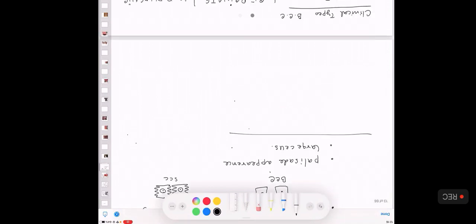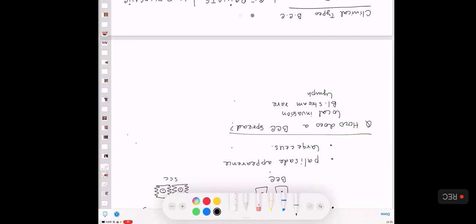The next question is, how does a basal cell cancer spread? So basal cell cancer spreads by local invasion. Bloodstream, rare.